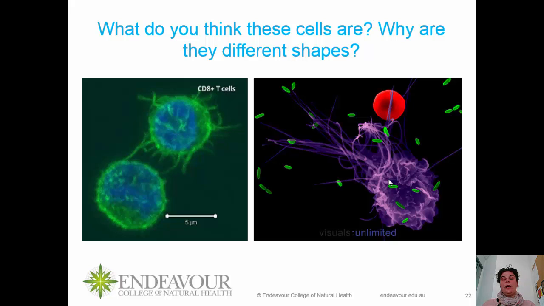But I wanted you to have a bit of an understanding of the shapes of these different cells and how that relates to their function. So you can see that this purple cell here has these massive projection-y kind of things, and the macrophage uses them to latch onto something foreign and bring it in to eat it.